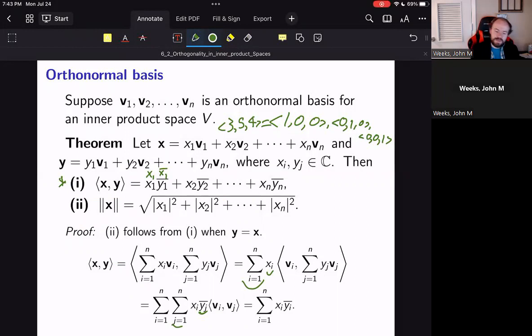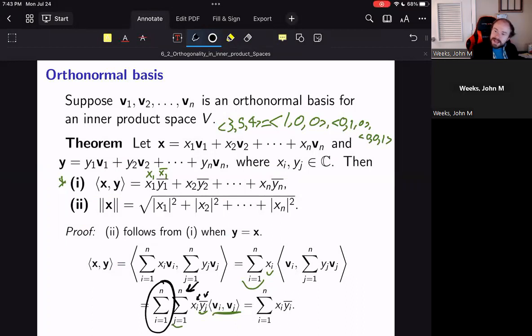Notice the sums and the scalars are both out, and all we're left with is vi comma vj. Well, what do we know about vi comma vj? This is 0 whenever i is not j, and it is equal to 1 when i equals j. So here's what happens. You take a look at all of these elements, x sub i, y sub j bar, and you say which ones are 0. Well, the ones that are going to be 0 are, for a fixed i, all of the terms j where i is not equal to j.